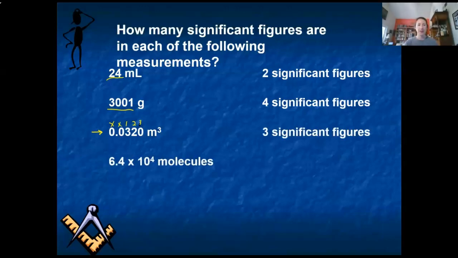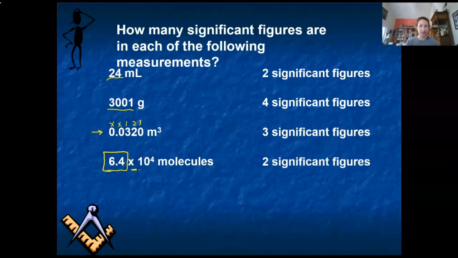Okay, how about this one? This one's a little trickier, right? Remember, when we see scientific notation, all we're doing is looking before that multiplication sign. You don't need to expand it out. You don't need to rewrite it. You're just looking before the times 10 to the. So this one has 2 significant figures.